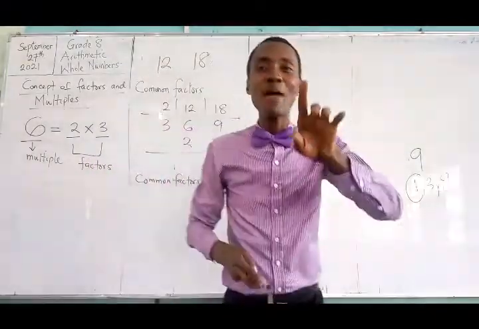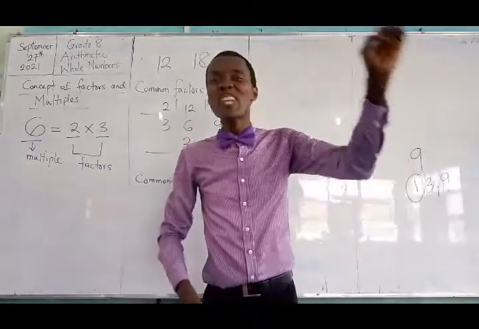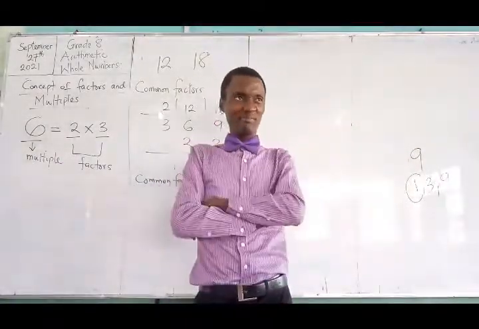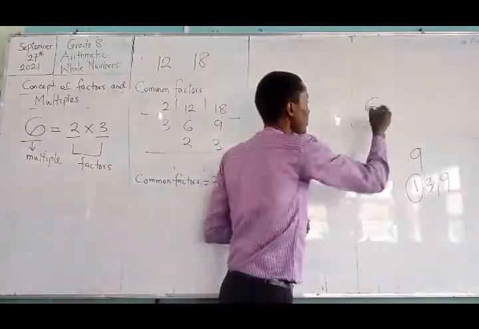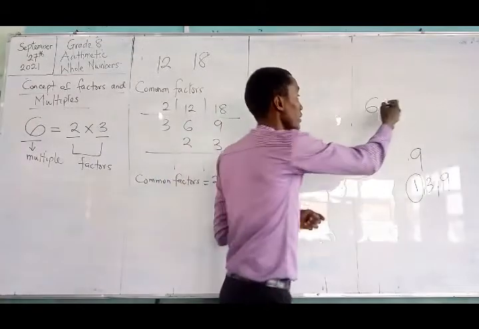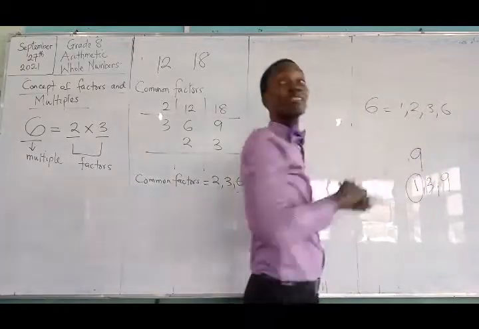6. I present to you another secret. Every number is a factor of itself. 6. So what are the factors of 6? 1, 2, 3 and itself.